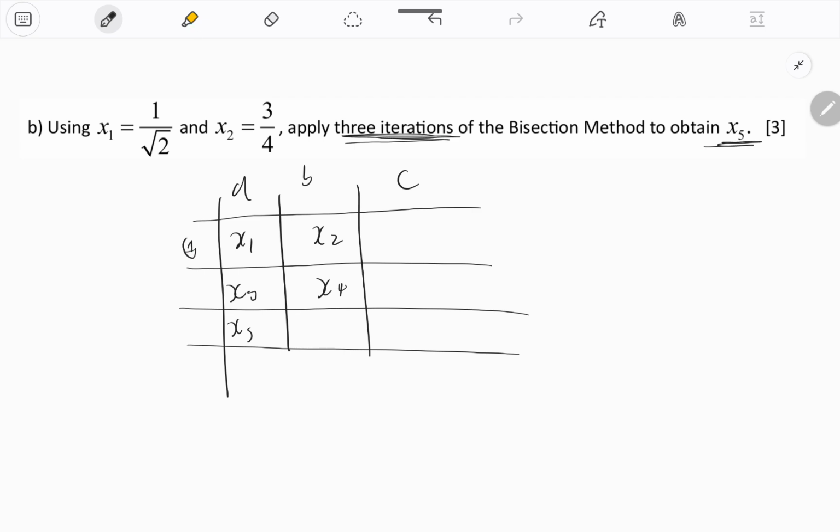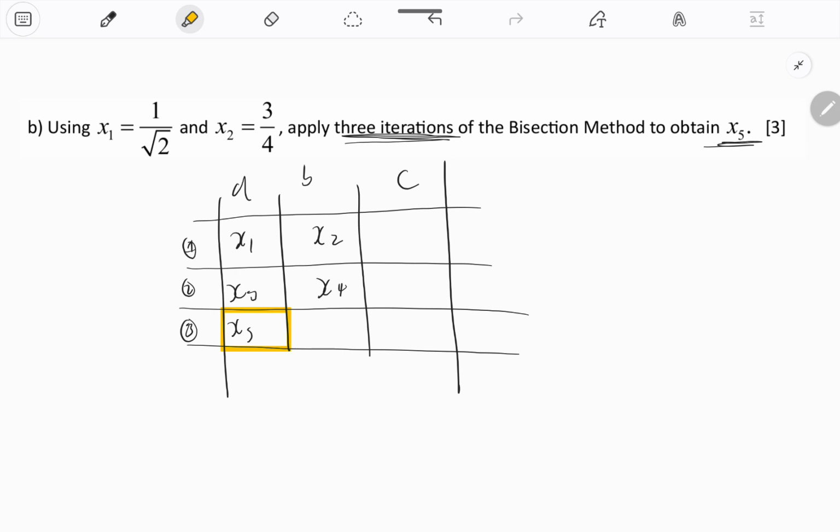This is iteration 1, iteration 2, iteration 3. C is a midpoint. I'm not going to do the table because it's just punching in and getting out numbers. But I want you to notice that it takes 3 iterations to get to x5.